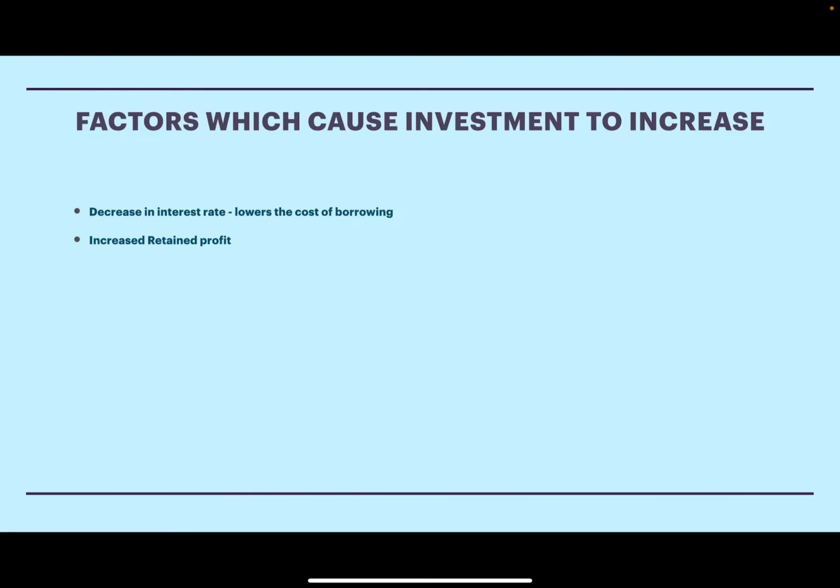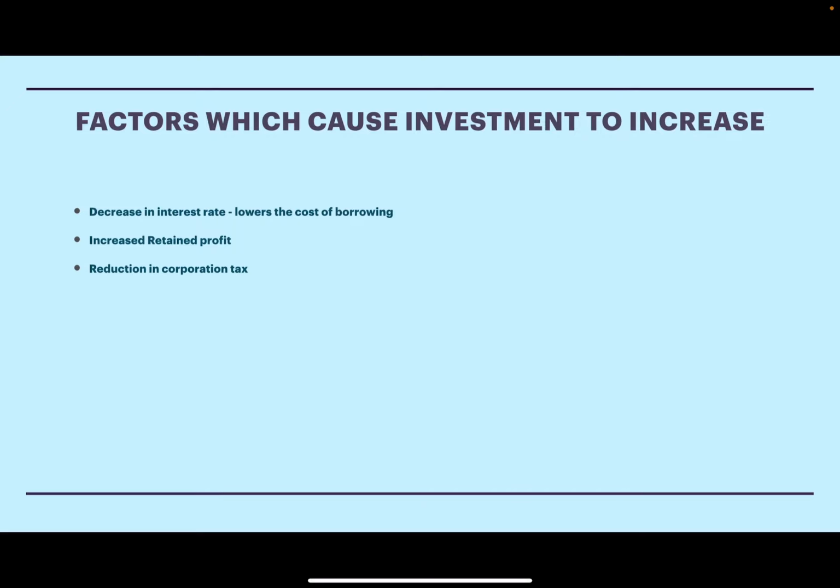Now, investment doesn't just come from borrowing money. Investment can come from their retained profit. So retained profit is the money that they've got left over after they've paid their taxes. So a higher retained profit means that they've got more money available with which to spend on investment.